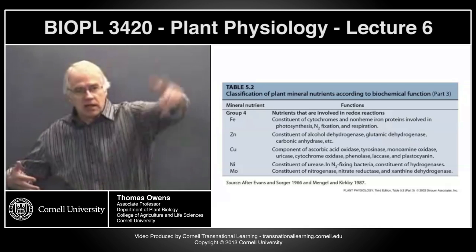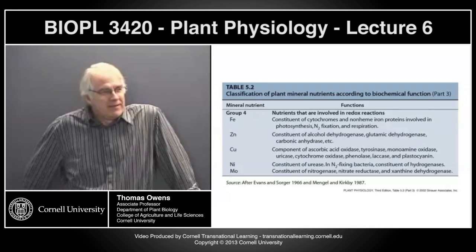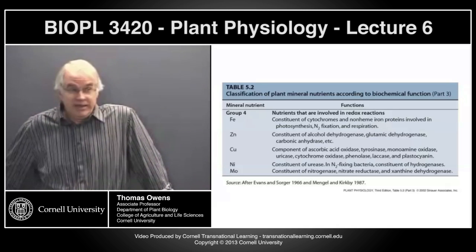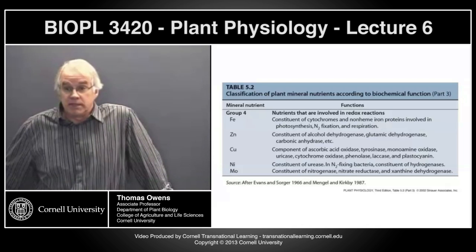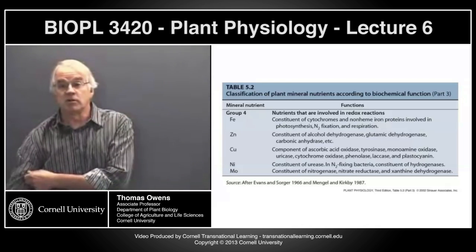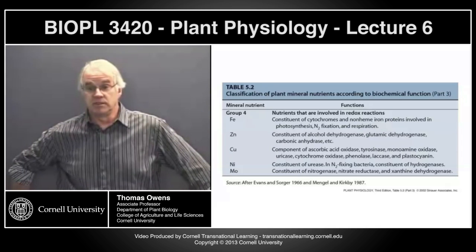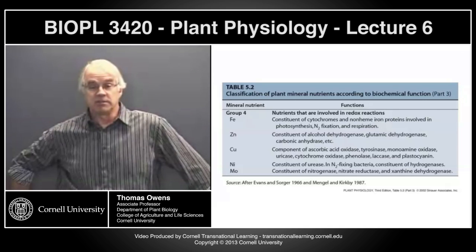How about Stella? Yeah, or the extreme would be give them none of it, right? See what works. Okay, that's basically it. That's really the basis of most experiments that try to identify essential elements: grow the plants in the absence of that element and see what happens.